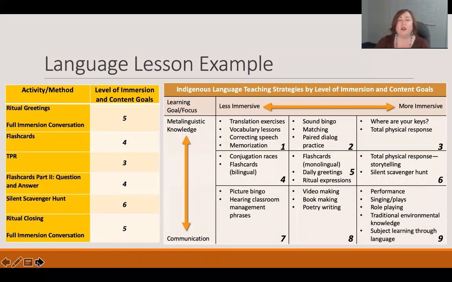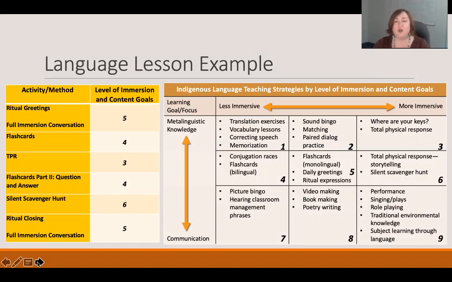Yes, okay. So this is a graphic that shows you how the activities in this lesson actually move back and forth between the different levels of immersion and different goals, including the knowledge about the language and communication.